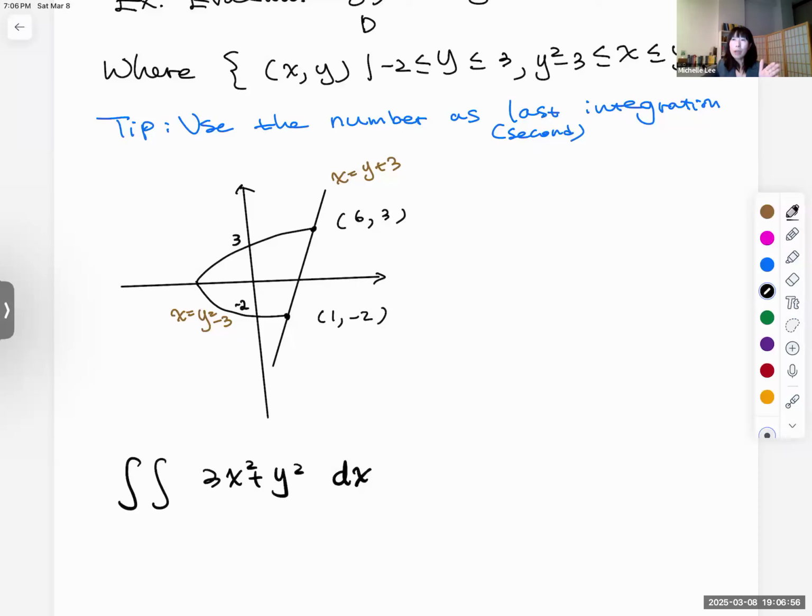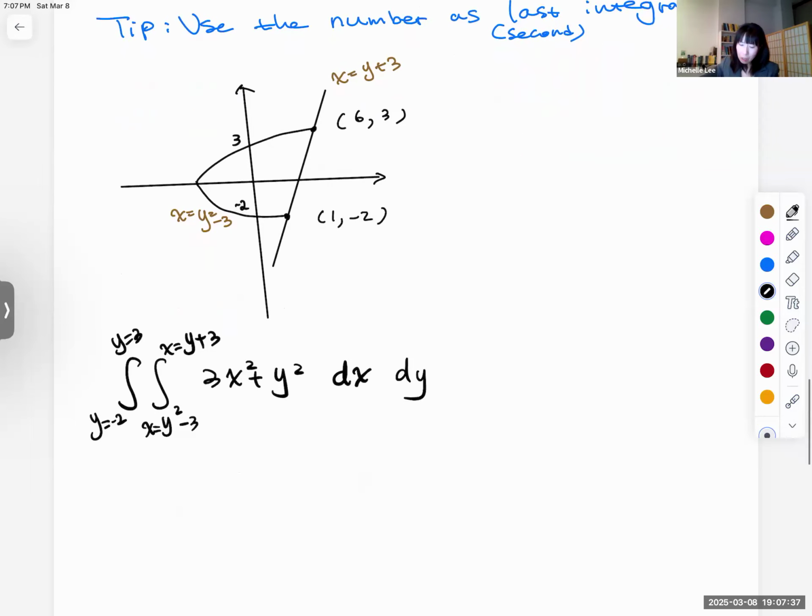We have to set it up: the lower bound will be y squared minus 3, and the upper bound will be y plus 3. Then we integrate with respect to y. Given the information, y is between -2 and 3, so the lower bound will be -2 and the upper bound will be 3.